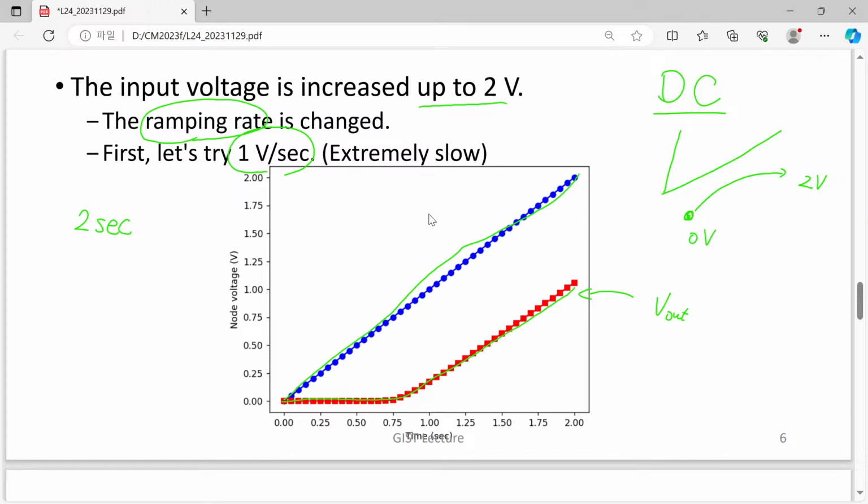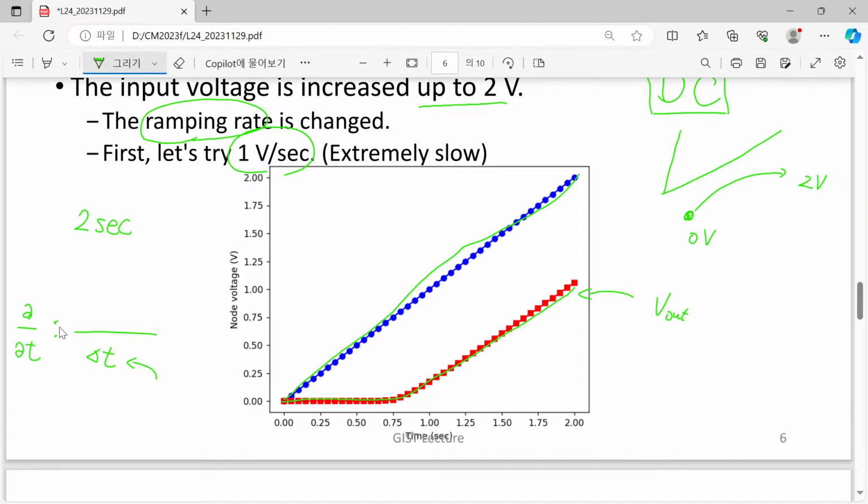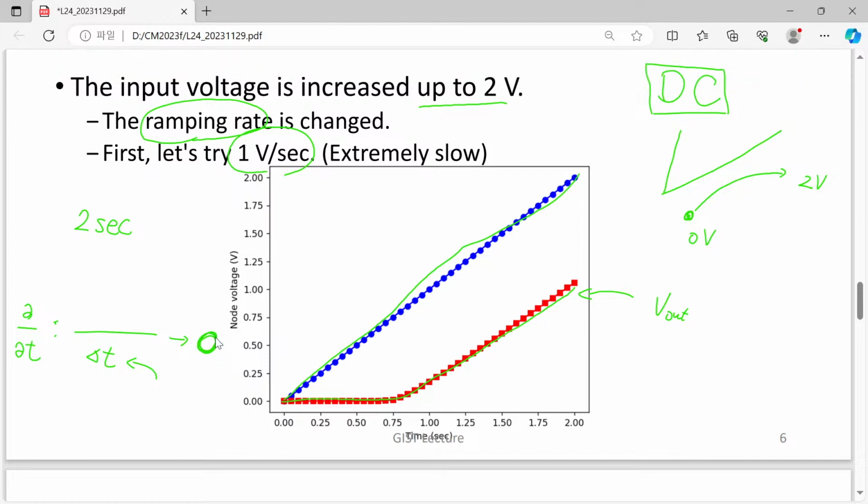This is quite much expected, and this is exactly the same as our DC simulation, because this is extremely slow. Simply speaking, our delta t in this lower part, to calculate the partial derivative over partial t, this delta t is too large, so this operation gives you almost negligible value. So that is almost identical to your DC simulation result.